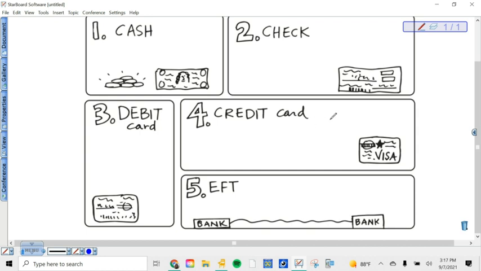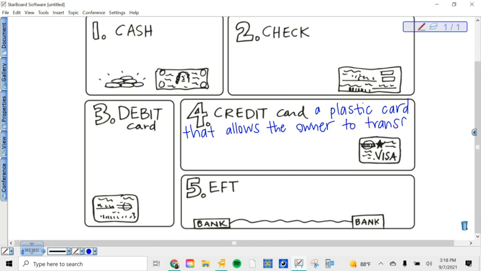So a credit card is a plastic card. It looks just like a debit card. So it's a plastic card that allows the owner to transfer money from a lender to a bank account.